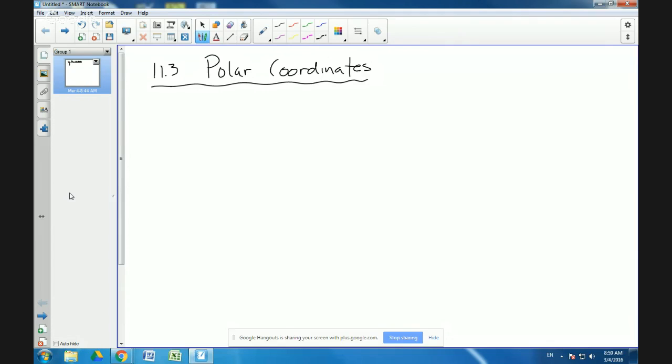We call these polar coordinates because they are based on a pole, and they're radial. So it's a circular system of locations.